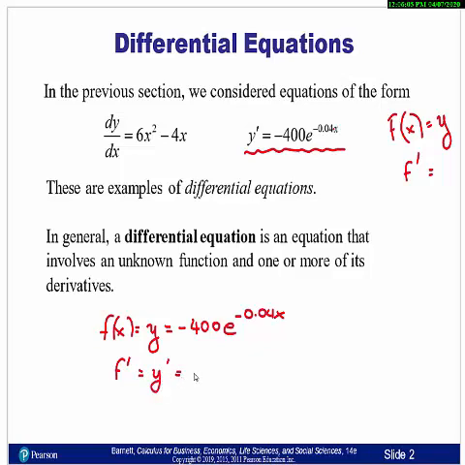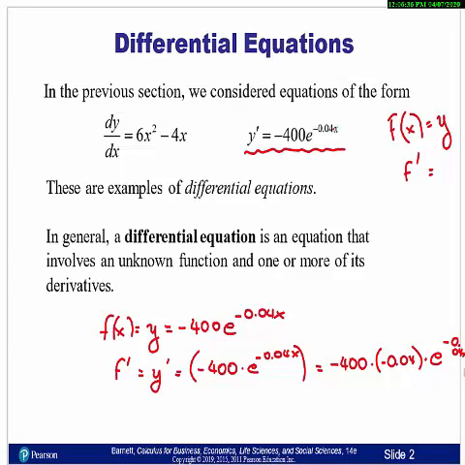That is going to be the derivative of negative 400 times e to the negative 0.04x. And if we apply the chain rule here, the result would be negative 400 times negative 0.04 times e to the negative 0.04x.